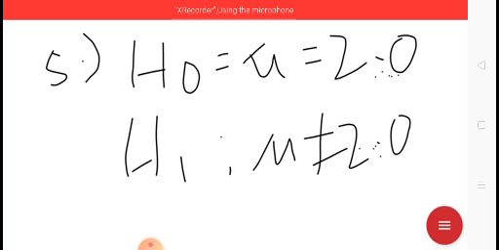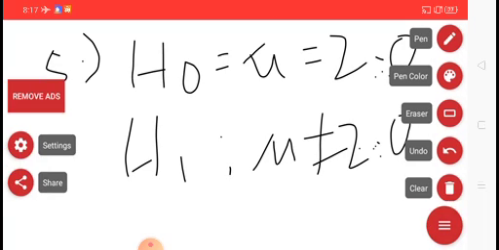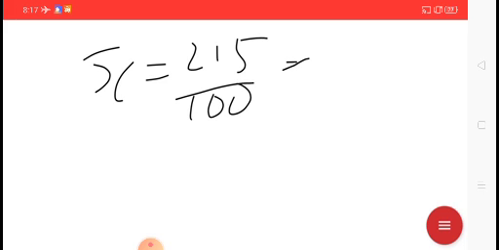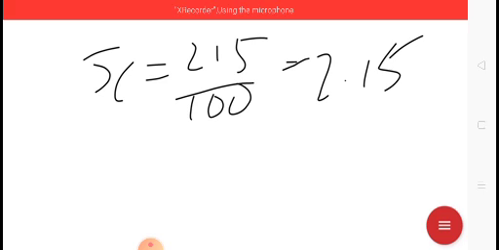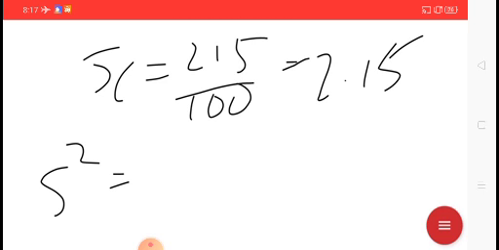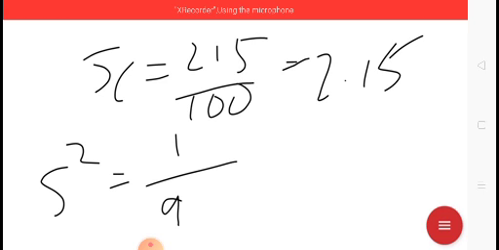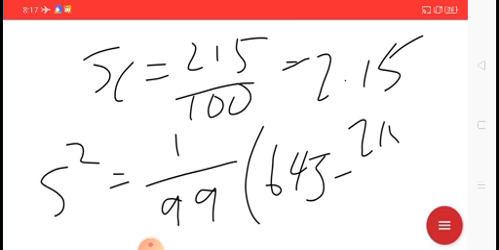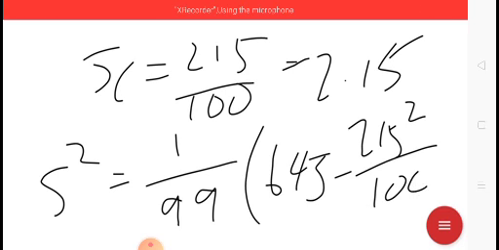Okay, so you have this hypothesis. Part 2, calculate the unbiased estimates of the mean and variance of the weight of a bag of carrots. So the mean will be 215, sum of x, over 100, so 2.15. And the unbiased estimate will be 1 over 100 minus 1, times 645 minus 215 squared over 100.